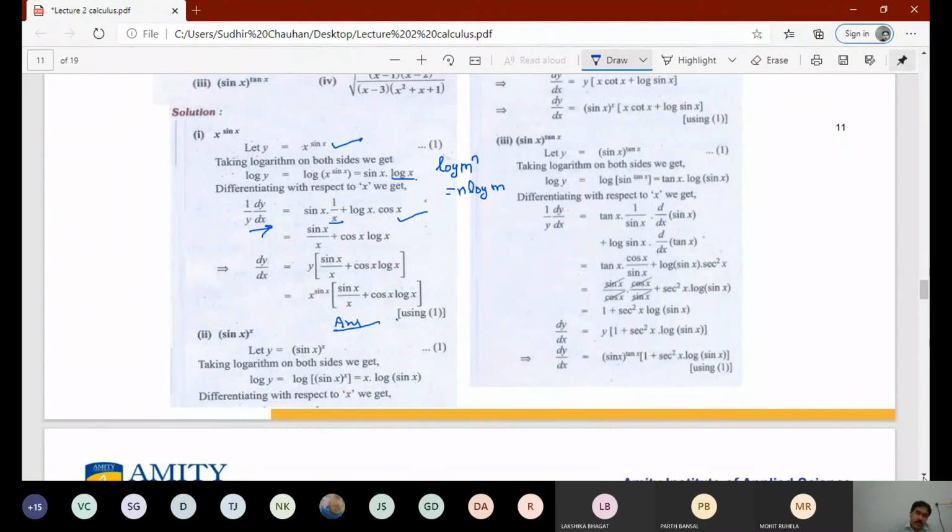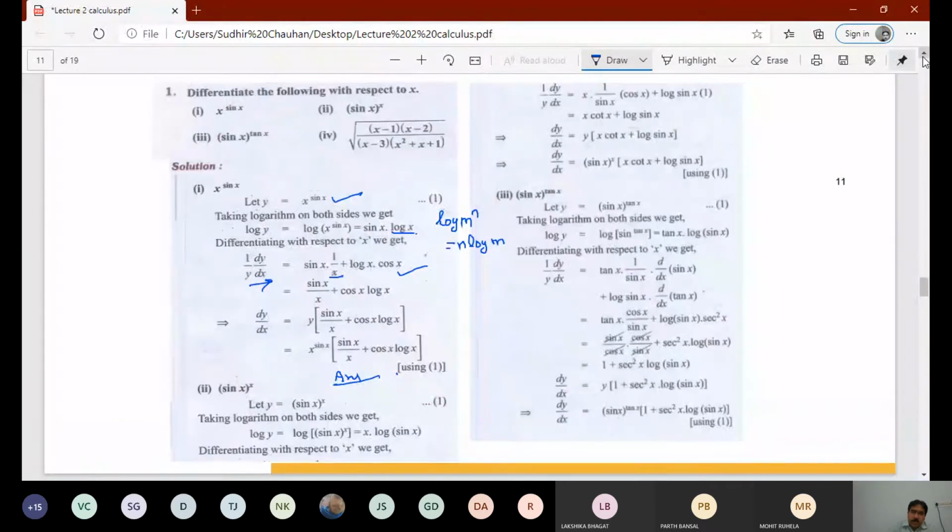Now differentiating with respect to x, we get differential of log y is 1 upon y dy by dx. And on the right hand side we'll apply the product rule, x will remain the same.